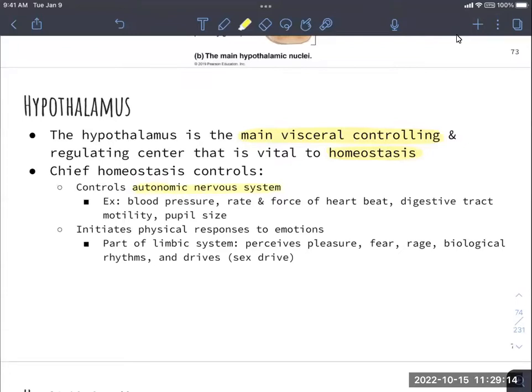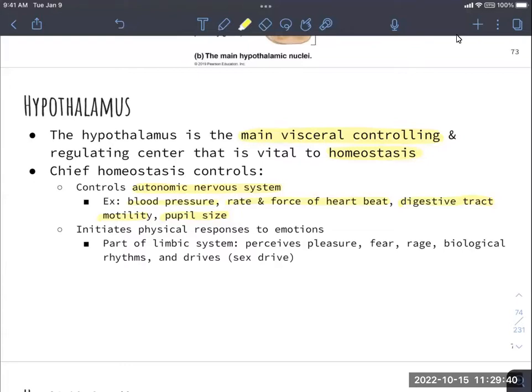That is stuff we have no control over. Like blood pressure, we can't control that. Heartbeat, heart rate, digestive tract motility, again, no control. Pupil size, no control. Your pupil size will change when you go from light to dark or dark to light.